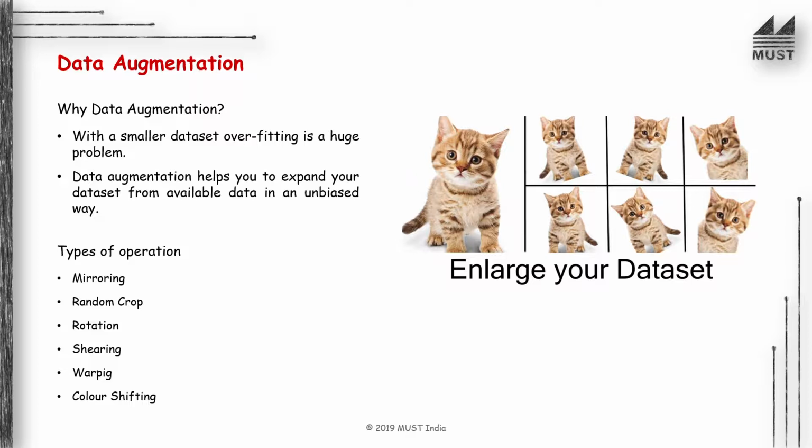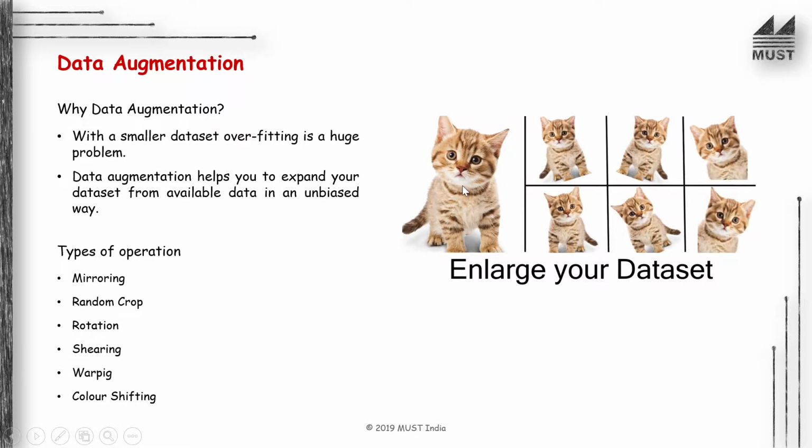So these are the typical operations you try to apply for doing data augmentation. You try to apply the concept of mirroring. You try to do something like a random crop. You take a random crop of your particular cat. You try to do rotations. You try to do shearing. You try to do warping, and sometimes even you try to do color shifting.